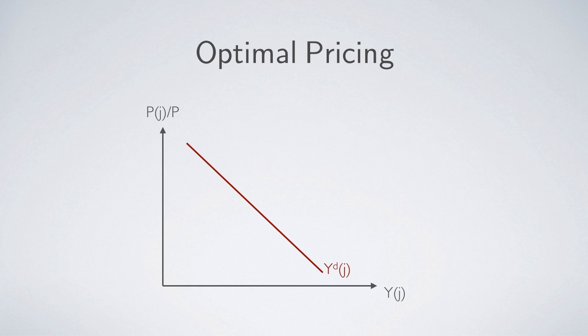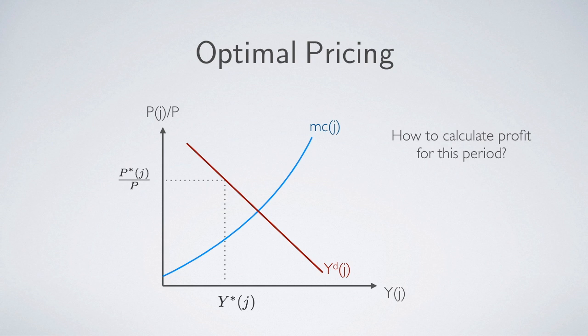This firm also faces an upward sloping real marginal cost line. And an imperfectly competitive firm's optimal pricing will be somewhere like this, P star J over P, that is higher than the marginal cost of production.